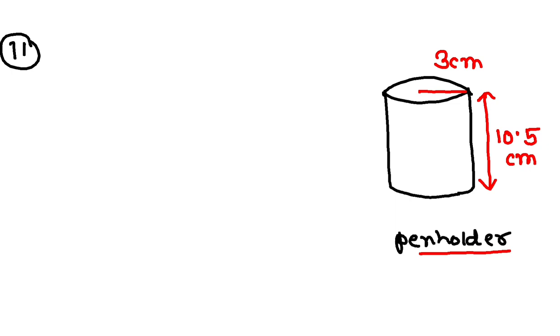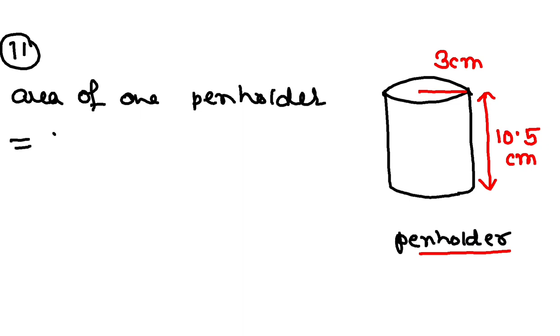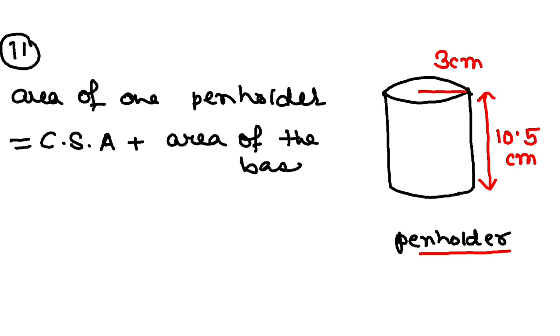Okay, and obviously CSA. So if I write over here the area of one pen holder, that will be CSA of the pen holder plus area of the base, because the base must be there, otherwise the pen will fall. So CSA is 2 pi r h, and area of the base is pi r square.